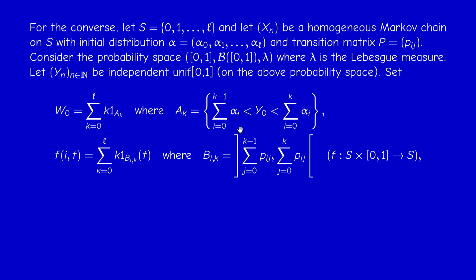And now we define our function of two variables, a function of the state and the noise. So same thing: f_i(t) takes values from 0 to L. But now instead of the characteristic function of Ak, I take the characteristic function of B_ik(t), which now depends on three variables. t is just a real number actually here, and B_ik is this interval.